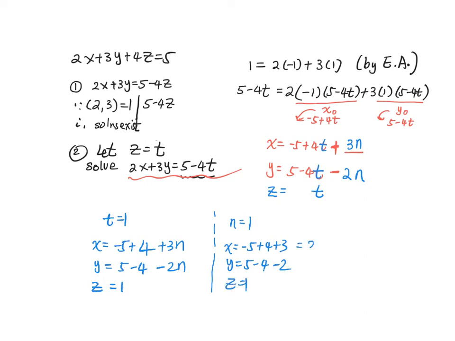So in this case, you have x is 2, y is negative 1, and z is 1. So 2, negative 1, 1 is one particular solution. My point is you can vary the t value and n value, and for each pair of different t and n, you get a different solution. So this is how I would solve this problem.